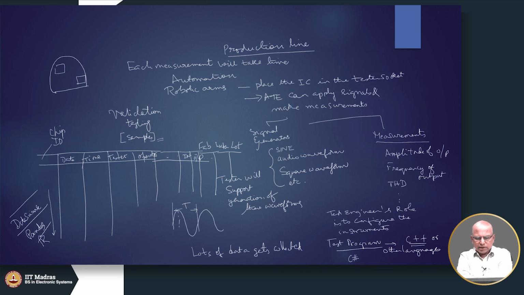If there are mistakes happening, a lot of chips coming from a specific fab are getting rejected, then some corrective action will have to be done. So, that is the value of testing.